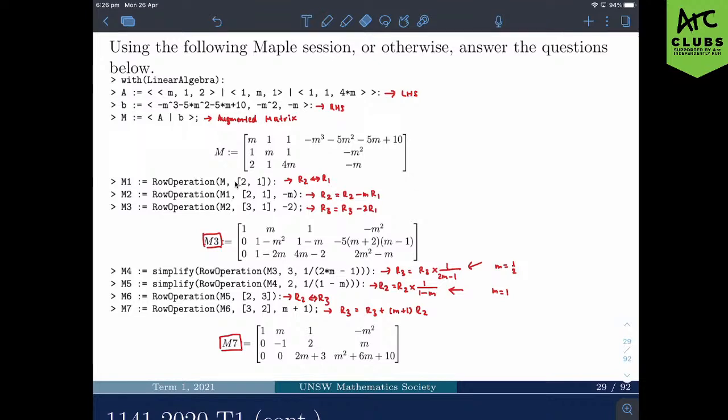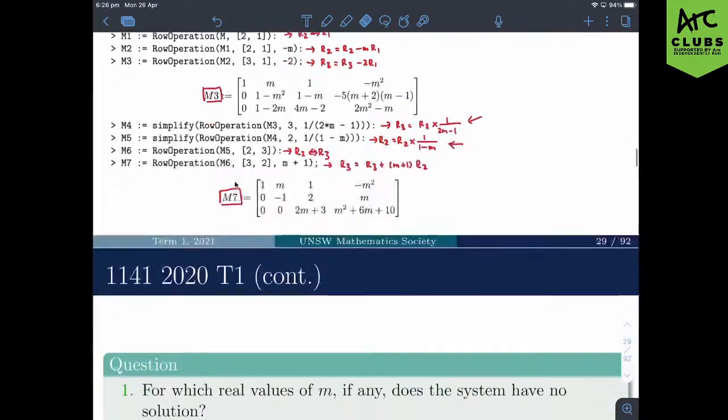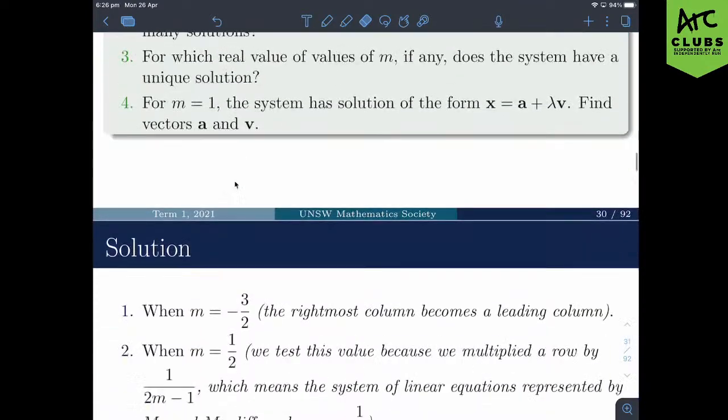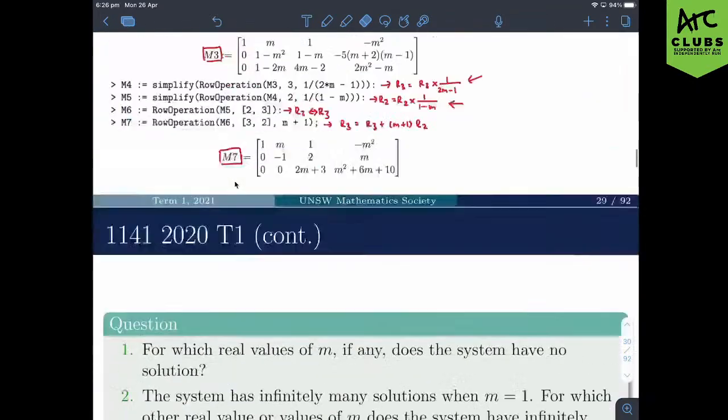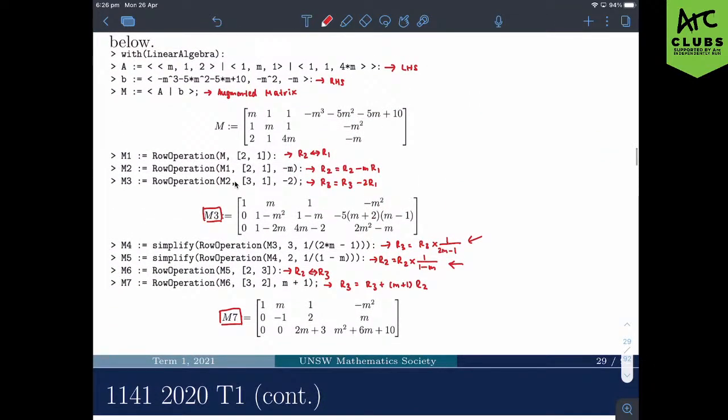So we want to check when M is equal to 1 on 2. And we test this value. We substitute that value into M3. And we find that this row becomes a row of zeros.